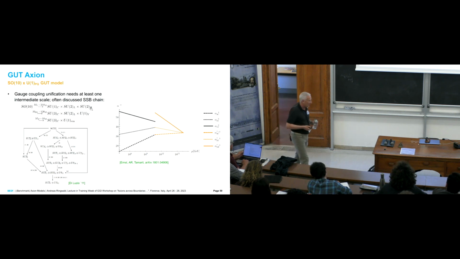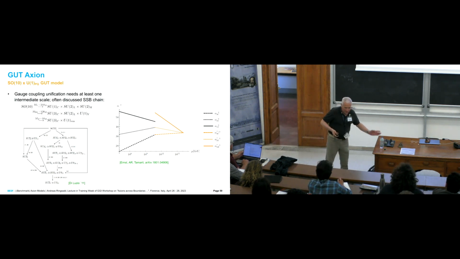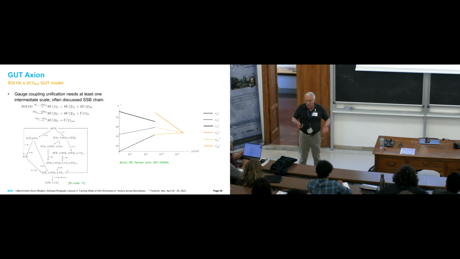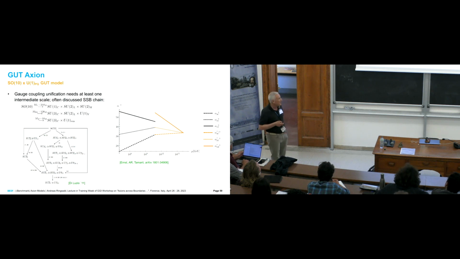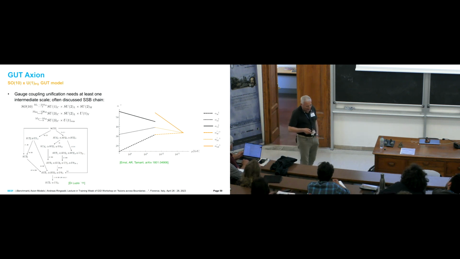In the models which I have presented, one was completely agnostic to the FA, or the Peccei-Quinn symmetry breaking scale. Now, this can be different in grand unified theory models.